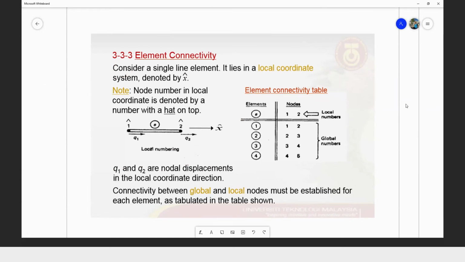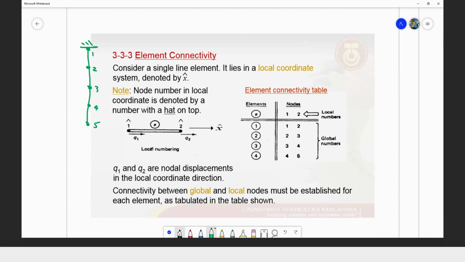Alright. Now once we understand the numbering of our element, kita dah tahu elemen kita tadi tu is connected from node number 1, node number 2. Kita ada 5 nodes tadi kan, 3, 4 dengan 5.